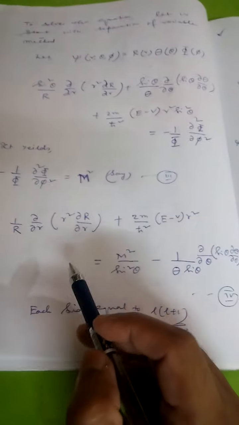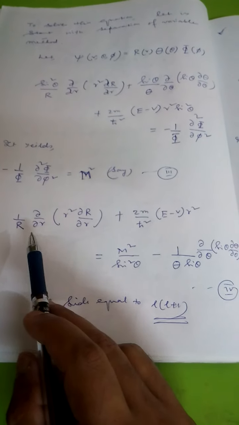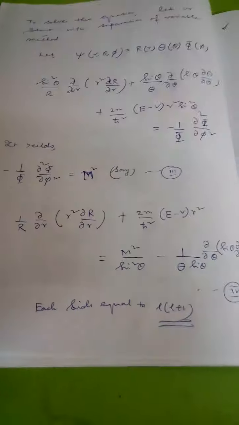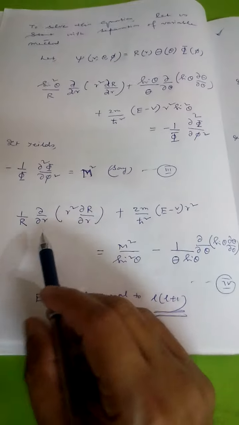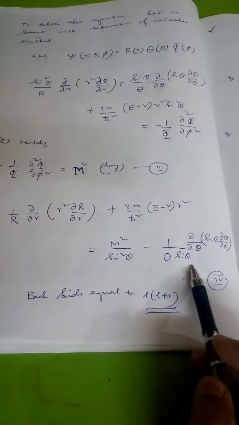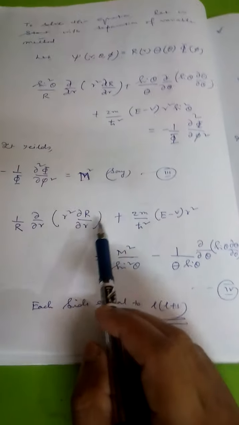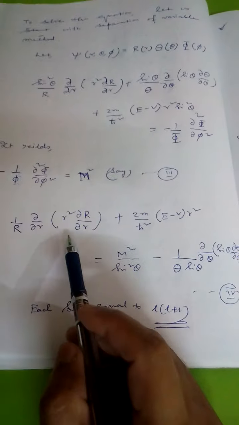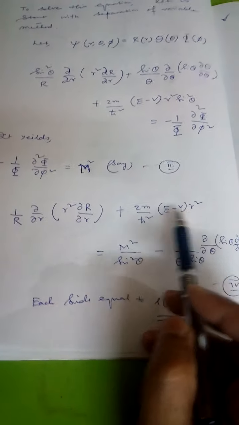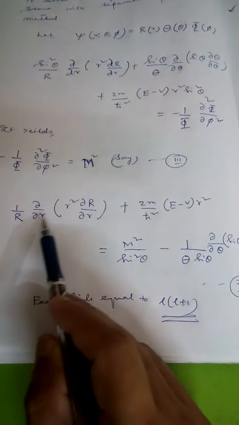You can do it yourself. I am avoiding the steps to save time. So this is the final expression. Here it is also noted that the left hand side is a function of r only, clear?